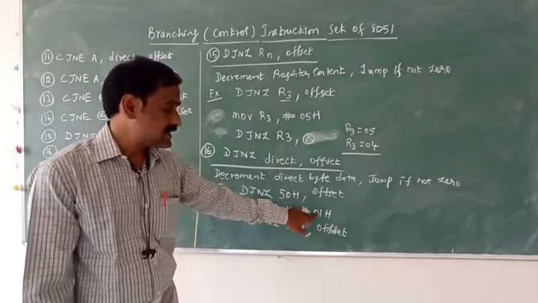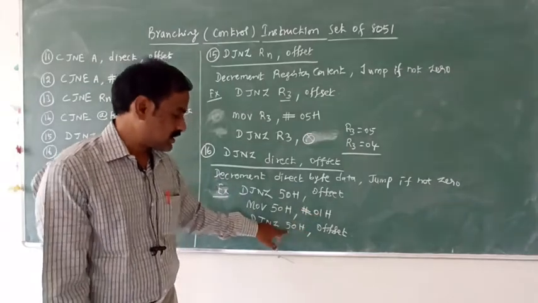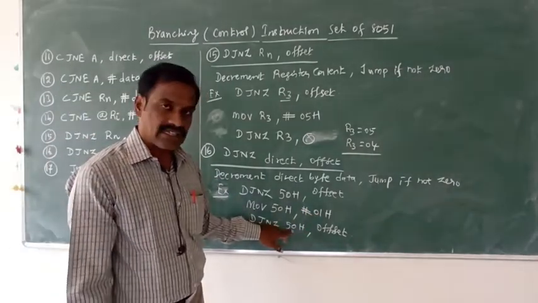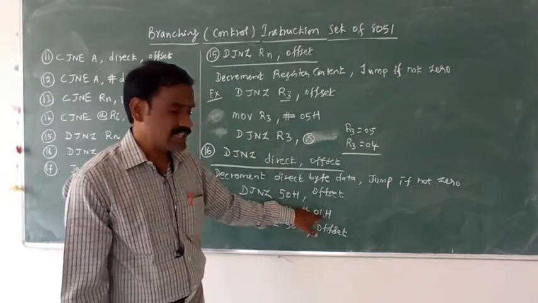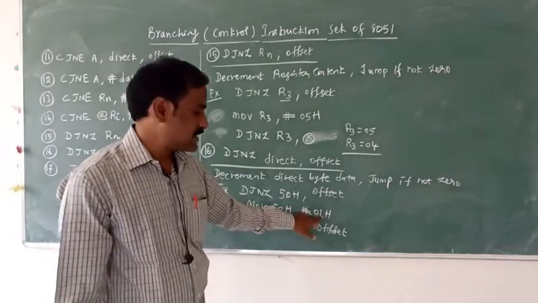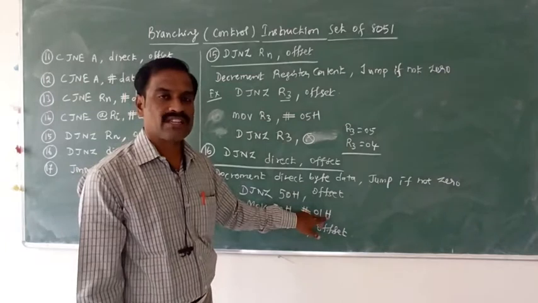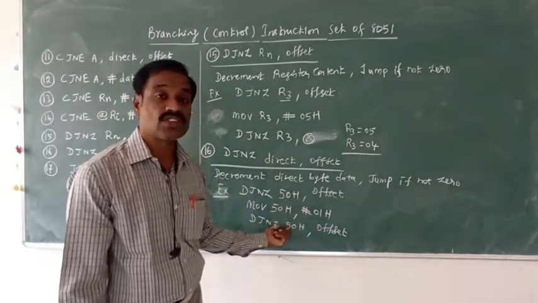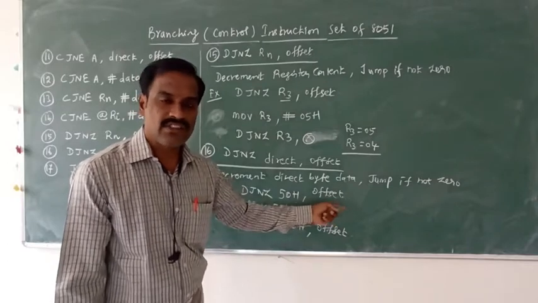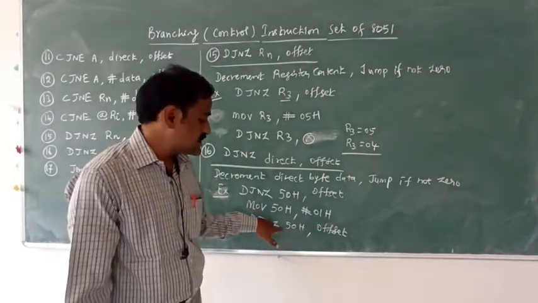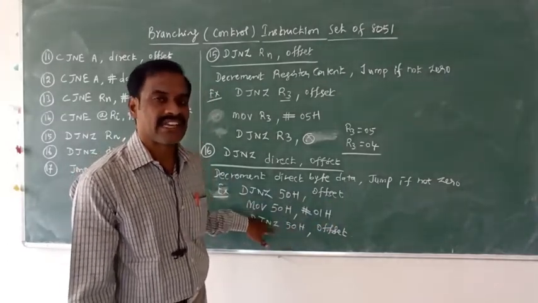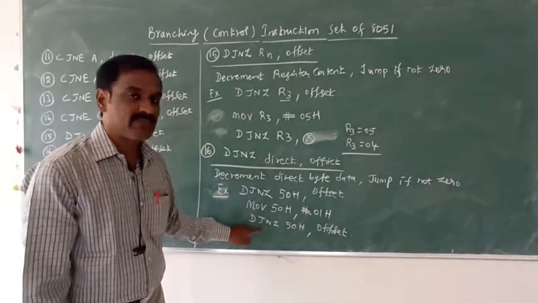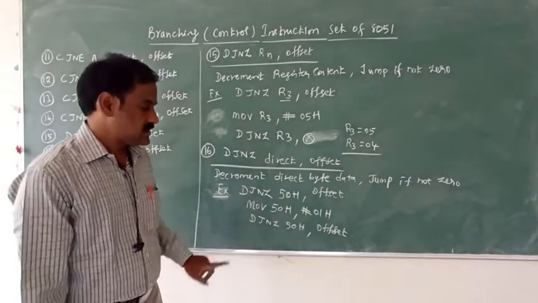Now decrement this memory address location data. DJNZ means here the given memory address 50, with data 01, will be decremented a single time. 01 minus 01, now the result is 0. Now check whether the result is 0 or not. The result is 0, so this condition will be unsatisfied. Unsatisfied means it will execute the next memory address location data.